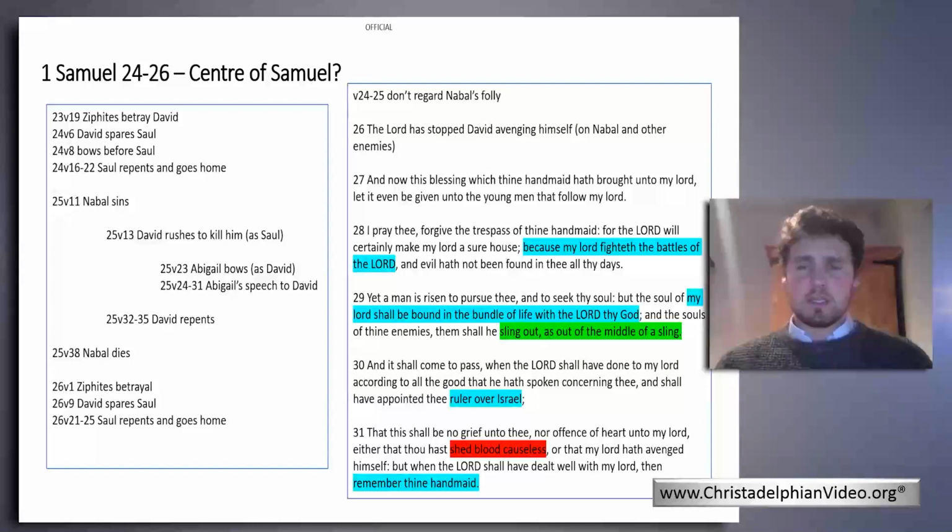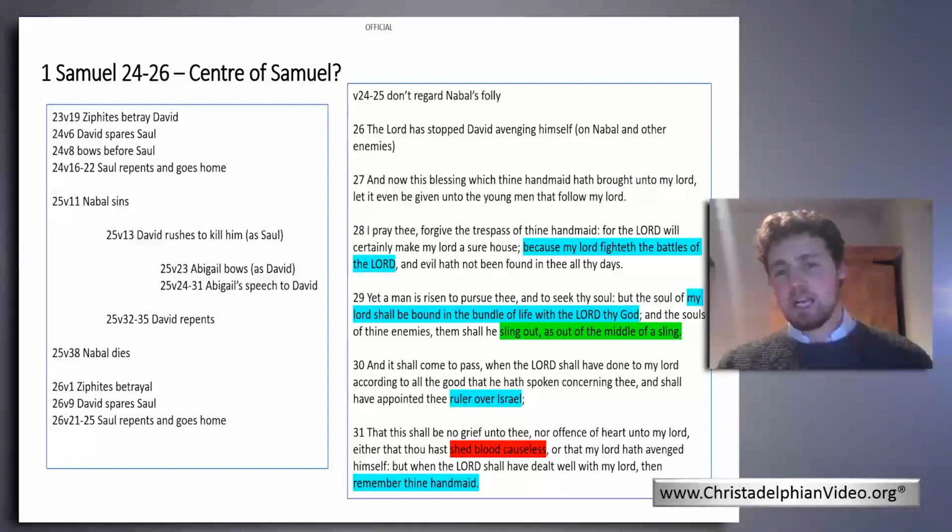She recognizes that God fights for David and that David fights for God, and that they are bound together, that David is a man after God's own heart. She recognizes that Saul has risen up and is pursuing David, and that despite this, David is ultimately going to be triumphant, and he's the one that's going to become king. And she recognizes that it is God that intervenes and removes the enemies of David.